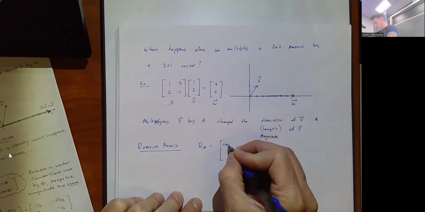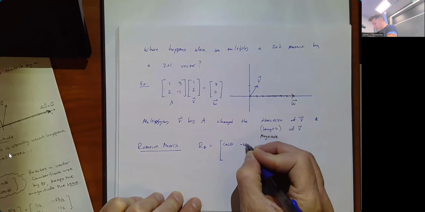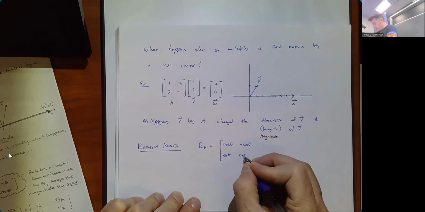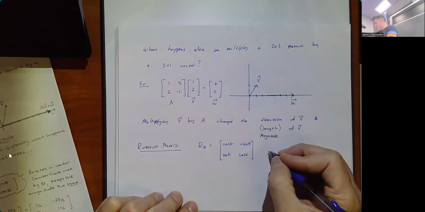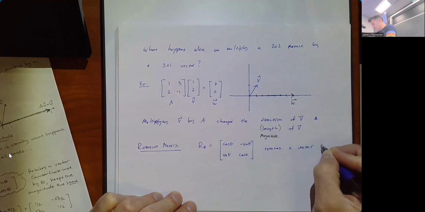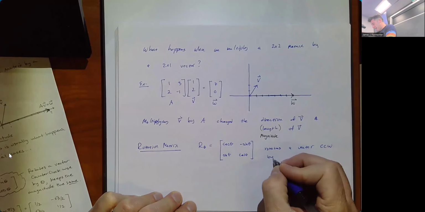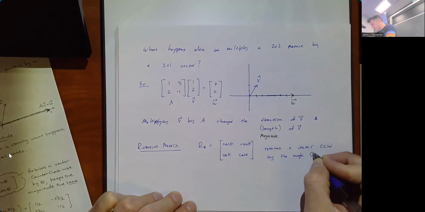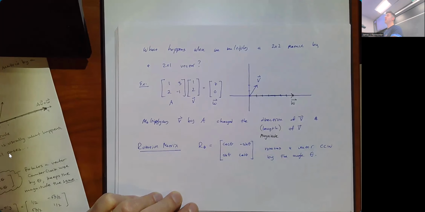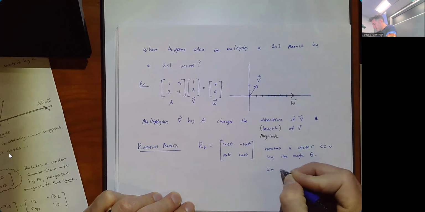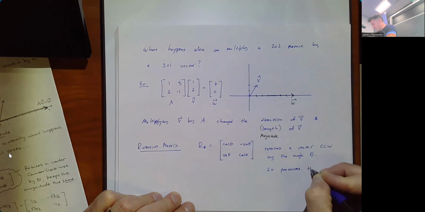It is cosine of an angle theta, negative sine of the same angle, sine of the same angle, cosine of the same angle. This matrix rotates a vector counterclockwise by the angle theta. And it doesn't change how long it is. It preserves the length or the magnitude.